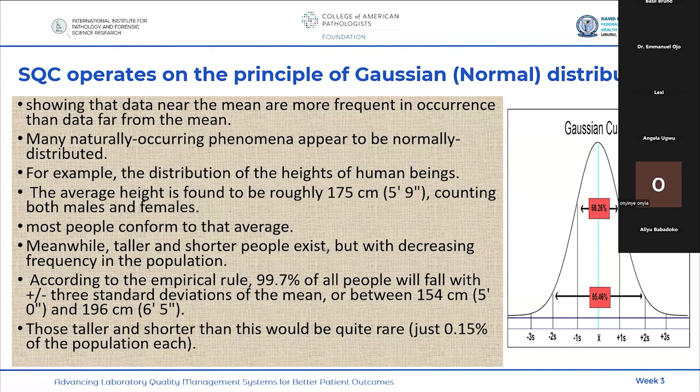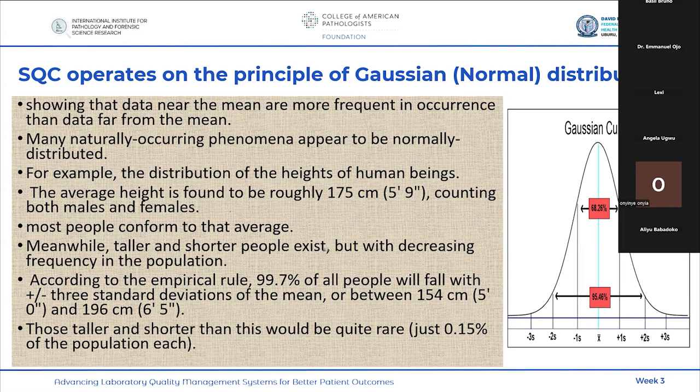In the same way, when we look at average income of individuals, you have people that are just on the average, you have people that are extremely wealthy, and at that particular level, they are also very few. And then you also have people that are quite poor. So according to the empirical rule, 99.7% of all people will fall within plus or minus 3 SD of the mean that has been calculated.